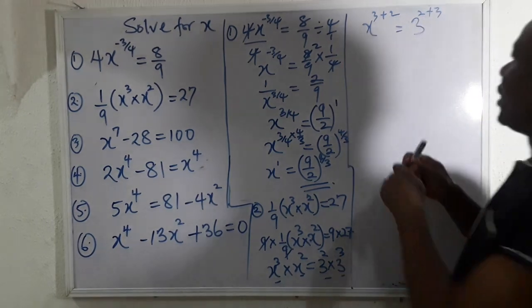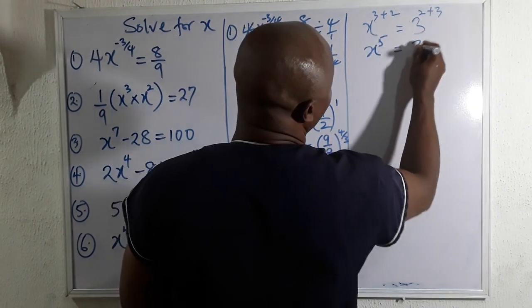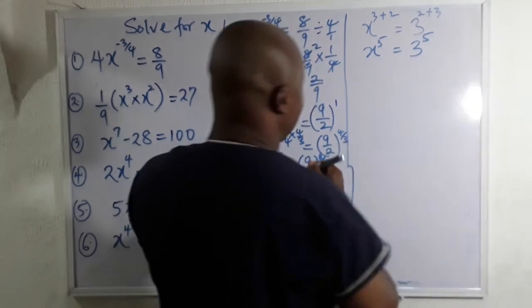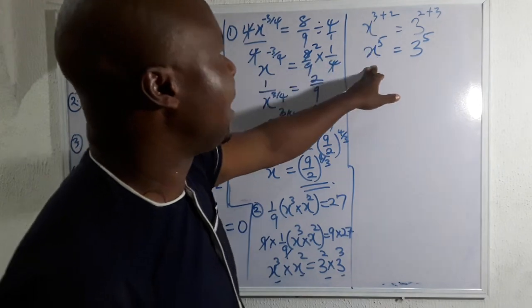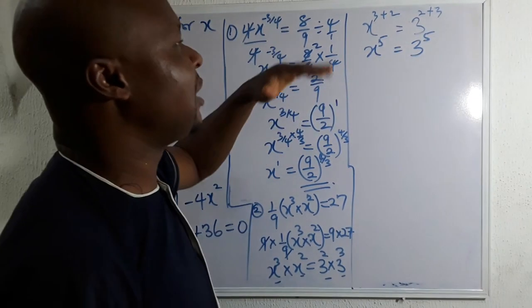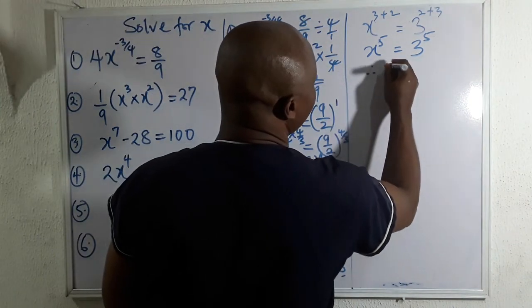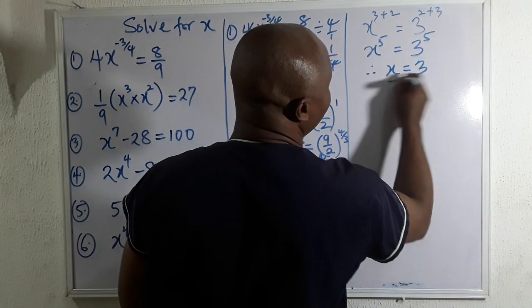So this gives us x raised to power 5 is equal to 3 raised to power 5. Now we can see that the bases are different, but the powers are the same. So we ignore the powers, meaning that x will be equal to 3.